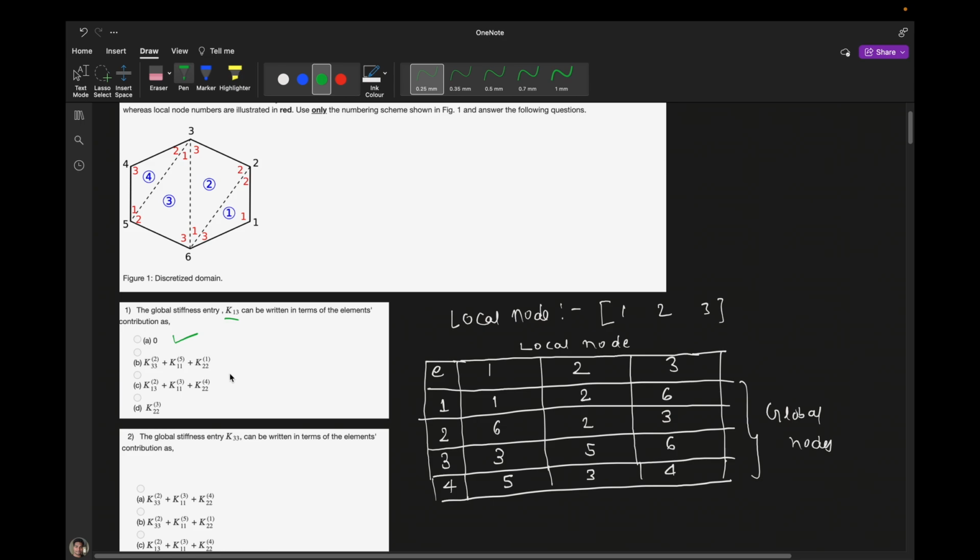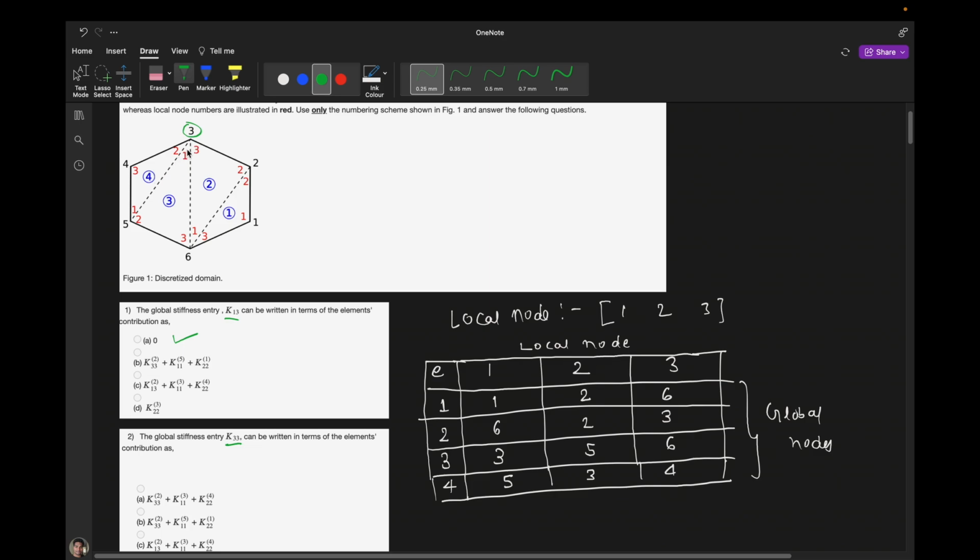Okay, and let's see K33. If I talk about K33, then we can see that there are 3 elements directly connected with this global node, which are element number 2, element number 3 and element number 4.